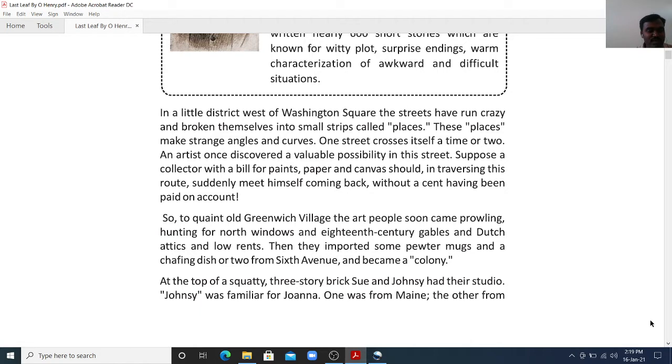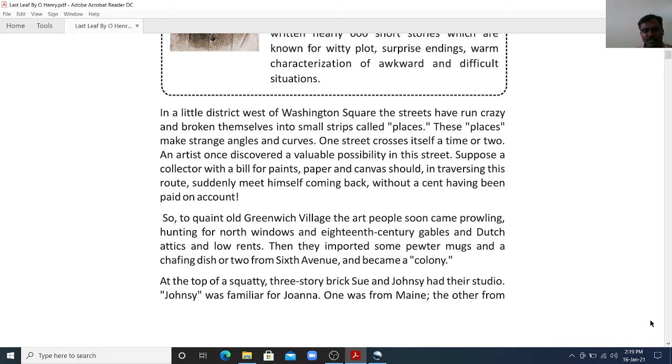So later on they buy mugs made of tin and lead. That's what pewter mugs are, and a chafing dish is some kind of home appliance which keeps the food very hot.